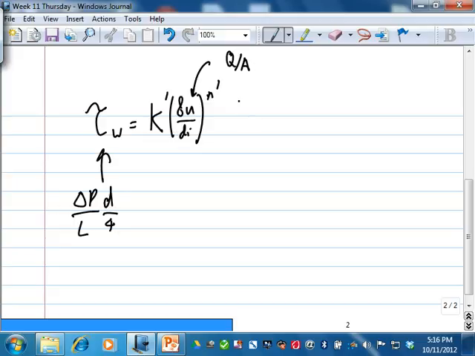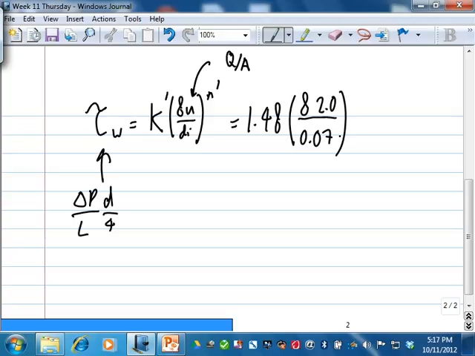So easy one. What is K prime? 1.48. What is the velocity in the pipe? 2.0. What's the diameter of the pipe? 0.07. 8 times 2 divided by 0.07, to the power N prime, 0.3. So what is the shear stress on the wall?